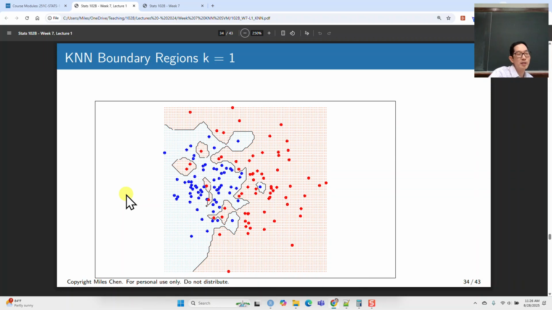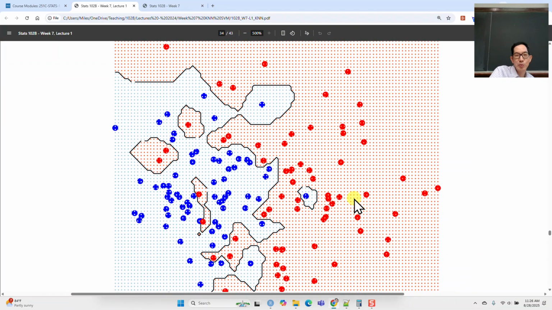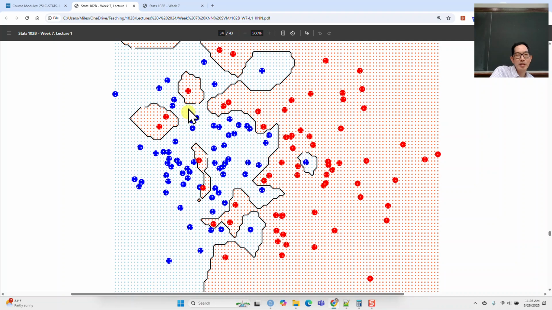Okay, if I do the same kind of boundary drawing here with k equal to 1, you can see you get all of these enclaves and exclaves, these little islands, little territories carved out by either red or blue here, okay?